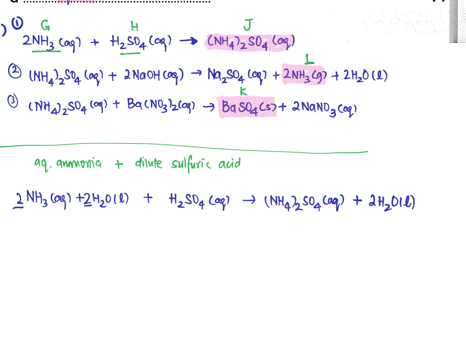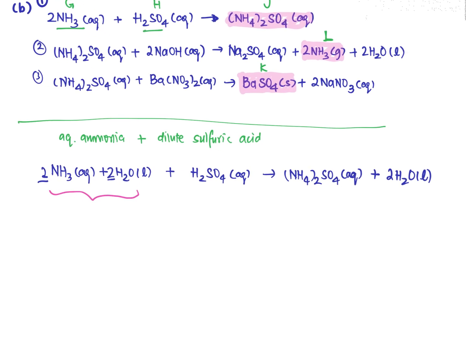Remember I mentioned before, your NH3 and H2O, if you split them into ions, you end up with NH4 plus and OH minus ion. Remember you have a 2 in front, because you have 2 NH3 plus H2O. Then your sulfuric acid will give you H plus ion, two of them, and then your sulfate ion.